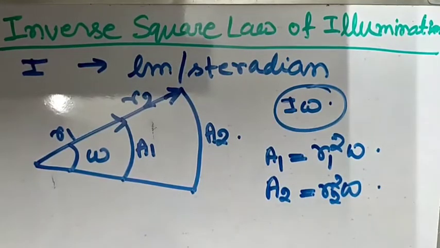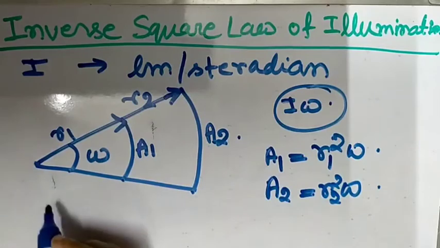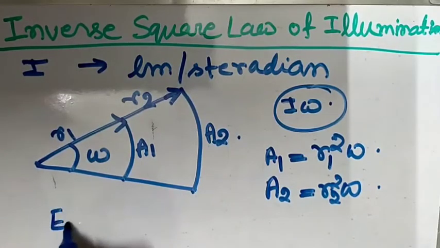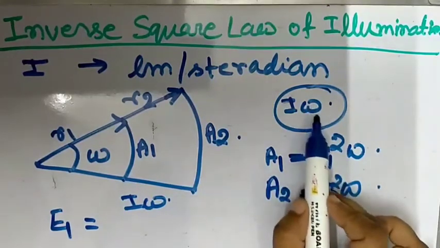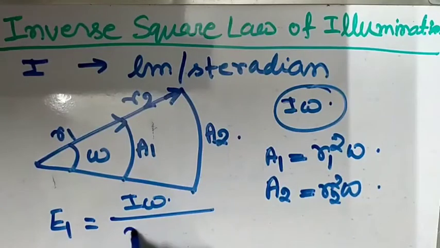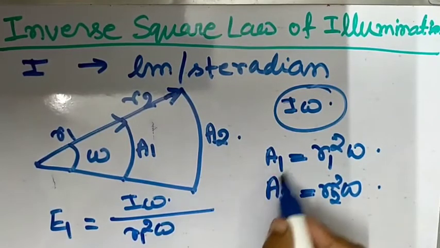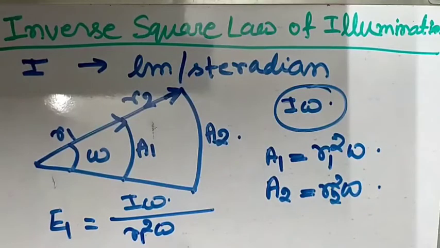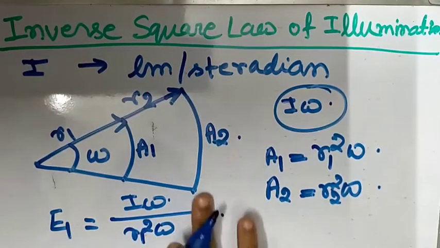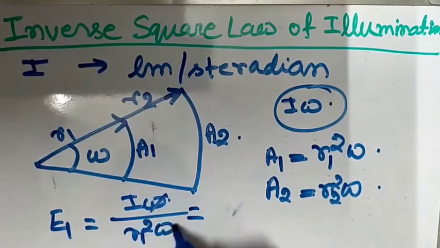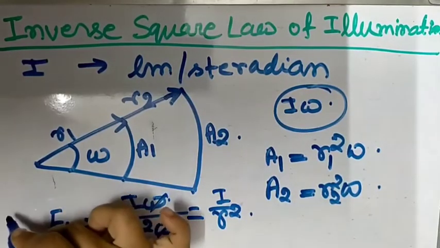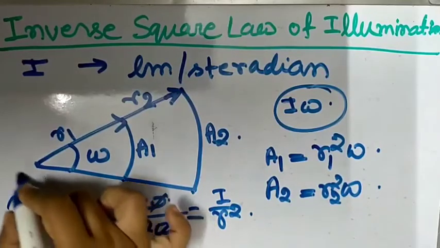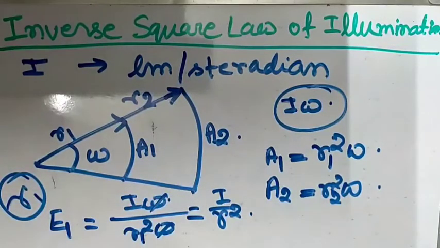Now the illumination at the surface of radius R1 is E1 equals I omega, that is the total flux, by R1 square into omega, that is the area at radius R1. This equals I by R1 square.